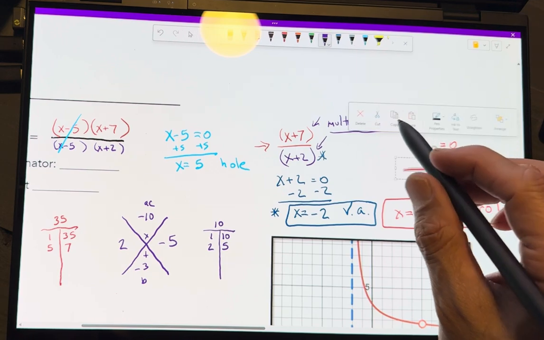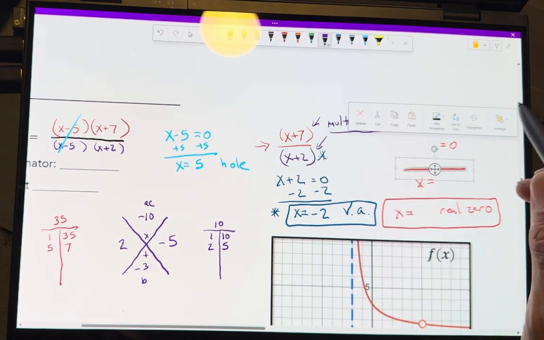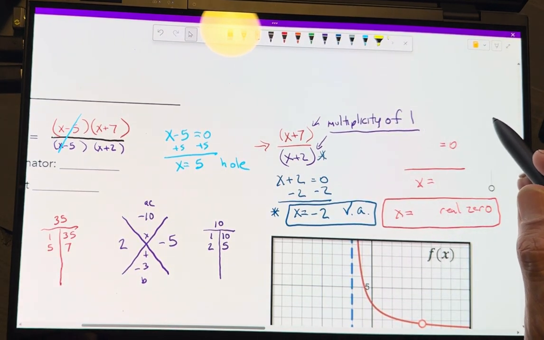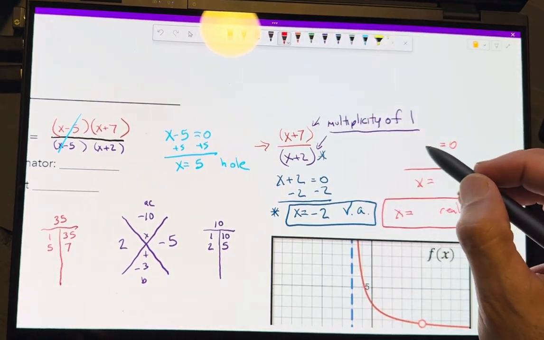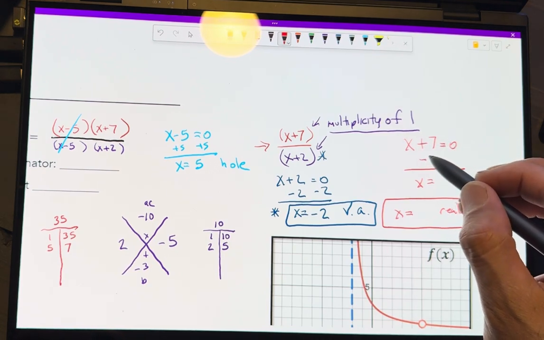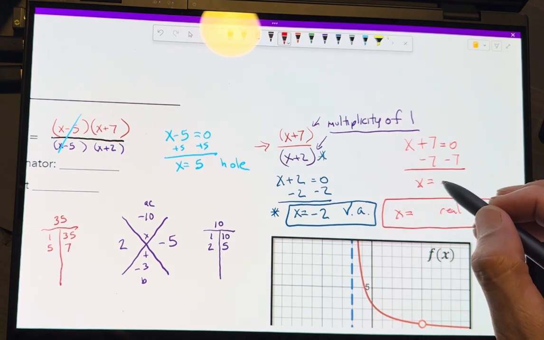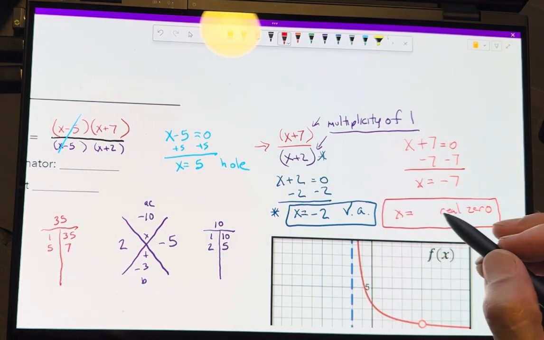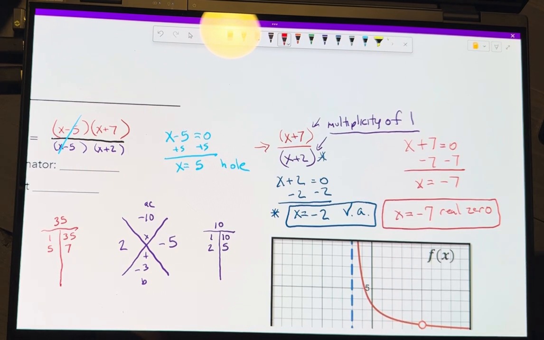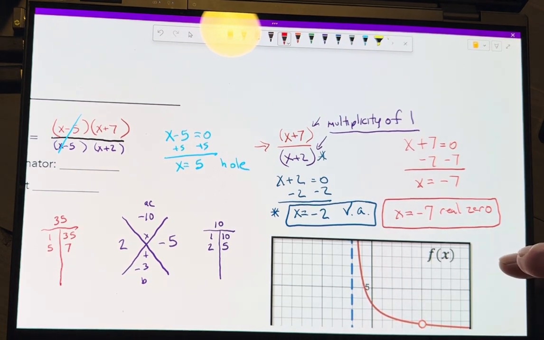We have a multiplicity of 1 because these multiply by 1. And we'll get to that in a little bit, but you'll see when that comes into play in the next problem. So let's solve for this x. So x is equal to negative 7, and that's a real 0 because it came from the numerator. So x is equal to negative 7 is a real 0.